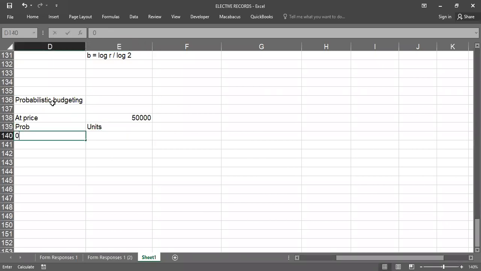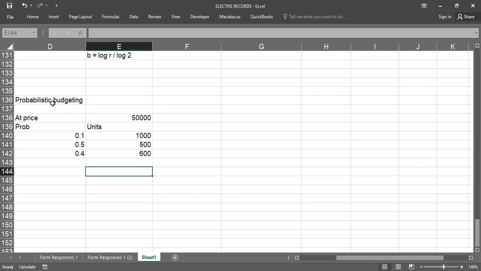At 0.1, for example, they expect to sell maybe 1,000. At 0.5, they expect to sell maybe 500. Then at the balance, which is 0.4, they may say they're going to produce maybe 600.